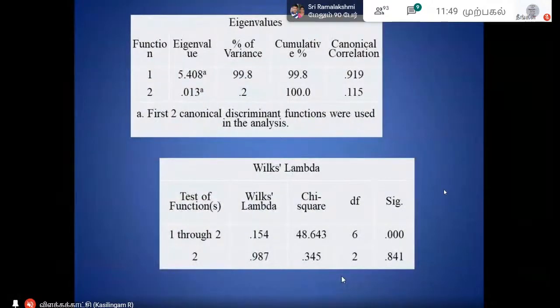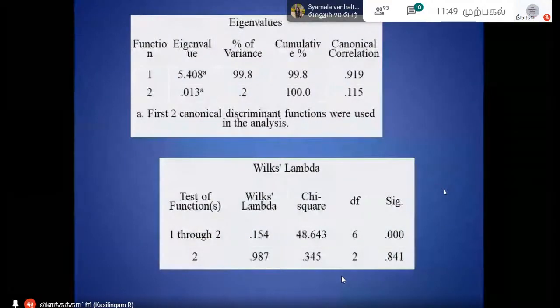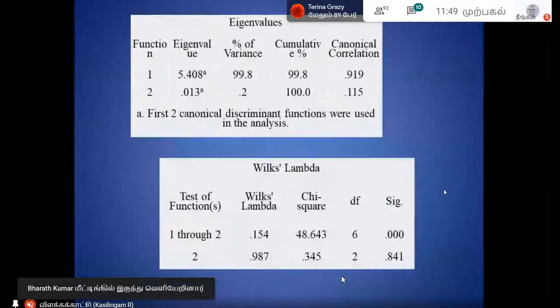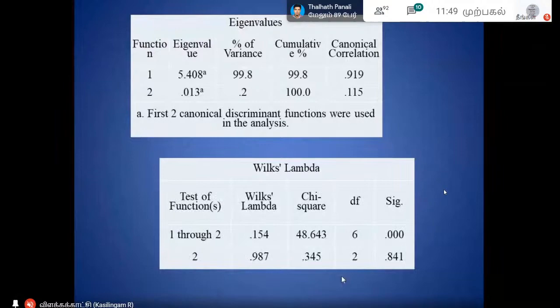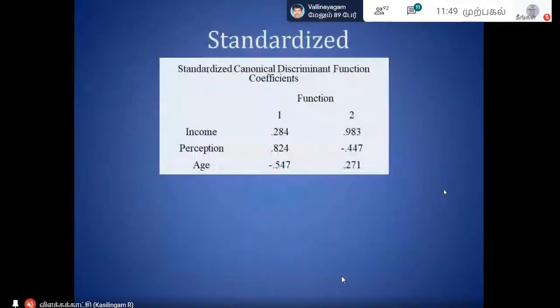Canonical coefficient. Which one? Standardized coefficient. Very good. Please do not forget that. Now look at the standardized coefficient.